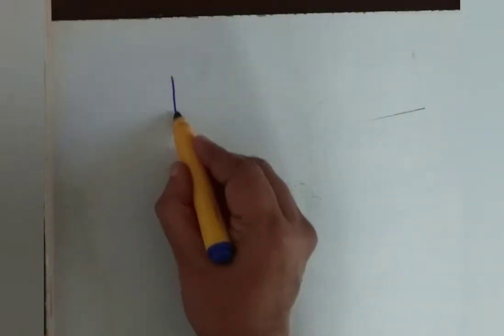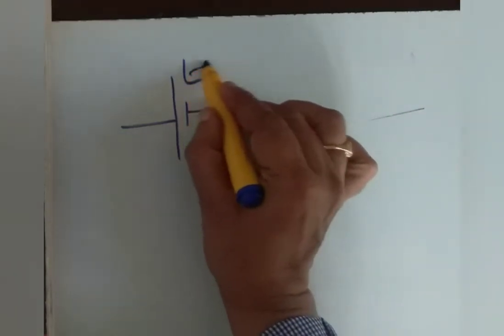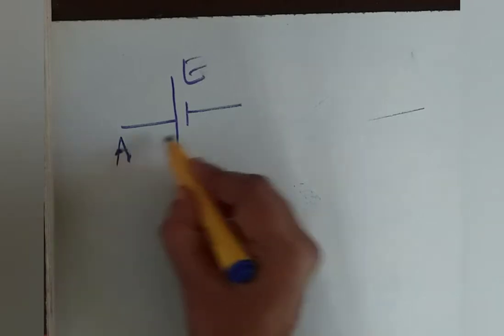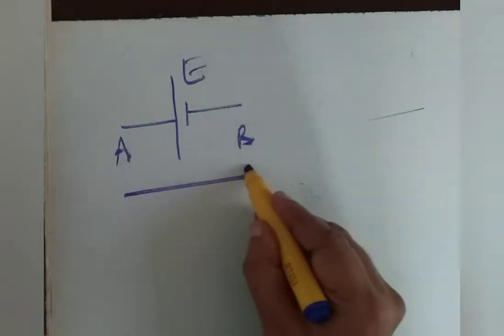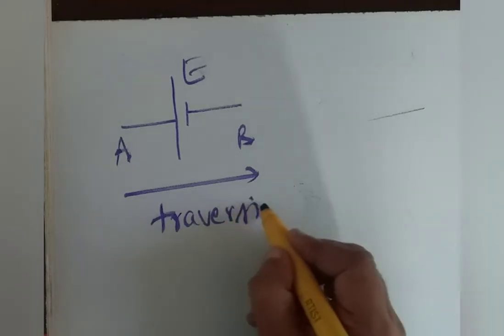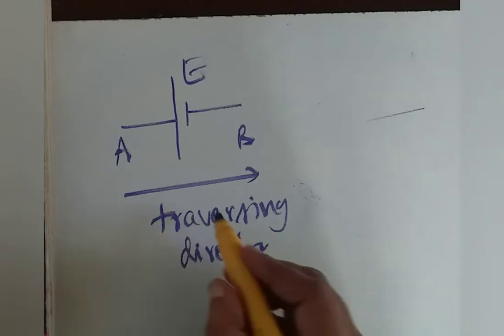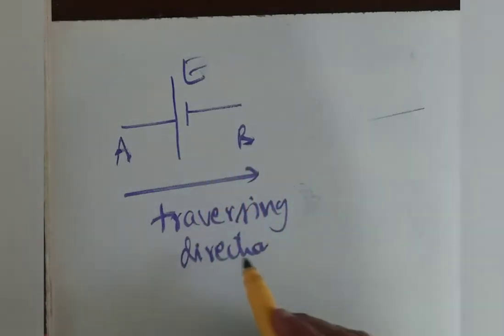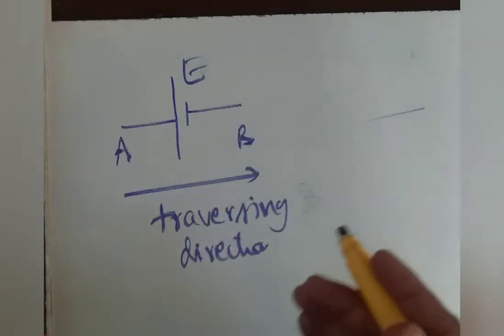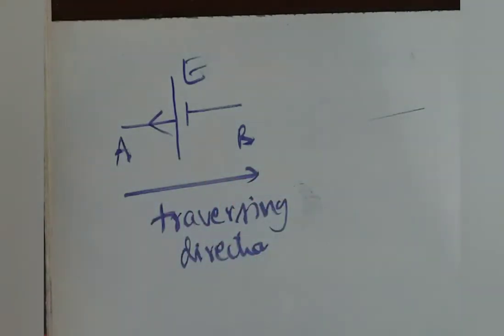Say I write a cell here. This is our cell of EMF E. This is A and this is B. Say A to B is the traversing direction. You need not bother about the direction of current or anything. In this case, usually current comes out of the positive terminal of the battery.